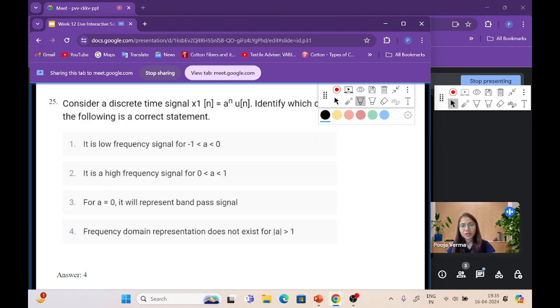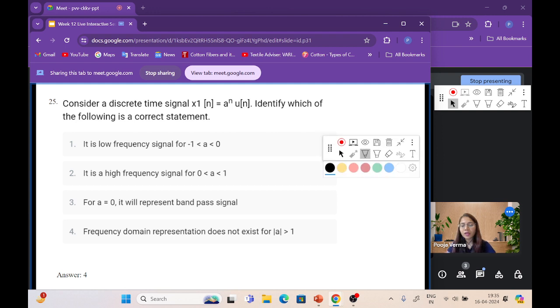Okay, so the next question is, consider a discrete time signal x1 of n equal to a to the power n u of n. Identify which of the following is the correct statement. Option 1: it is a low frequency signal for a varying from -1 to 0. Option 2: it is a high frequency signal for a varying from 0 to 1, and for a equal to 0 it will represent a band pass signal.